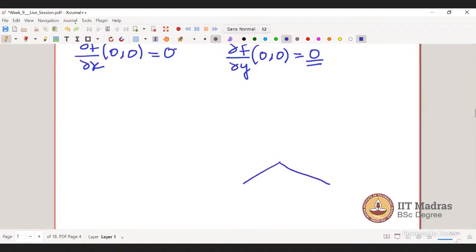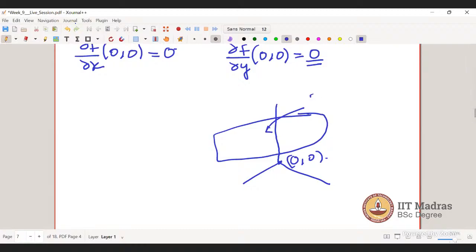So you have this (0,0) over here, and this is the image of the function, f of (0,0).